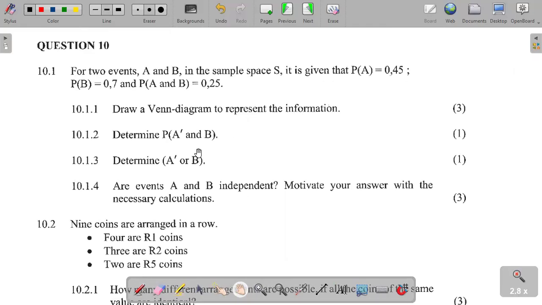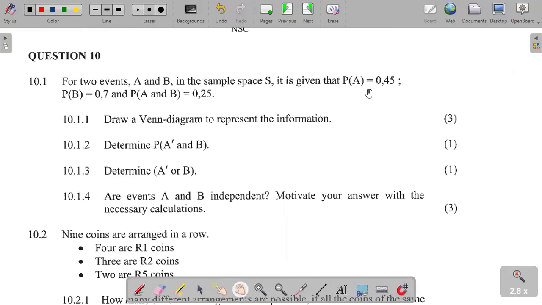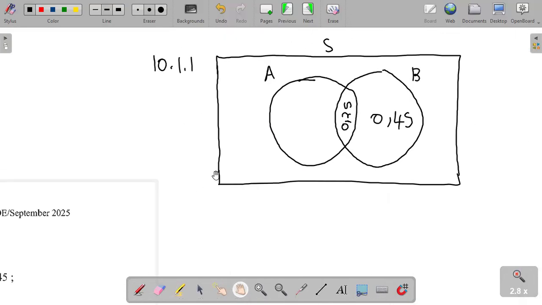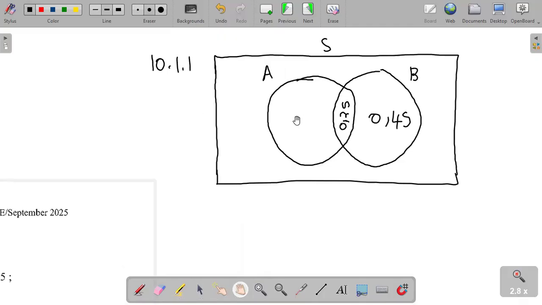A, the total is 0.45. This is for A. So it means that here we must have 0.2, and then we must add all of them.